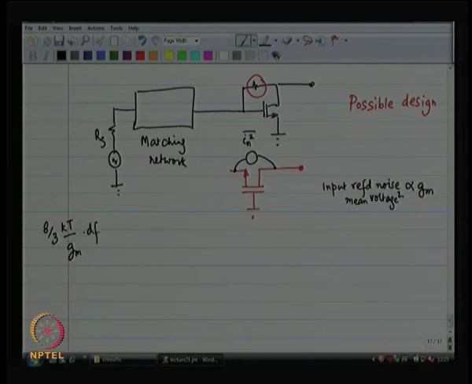What does this mean? This means that if I make a device with a large GM, the gate referred noise is actually going to drop. Okay. Channel current noise is increasing, but it is as if I applied a lower noise voltage at the gate.